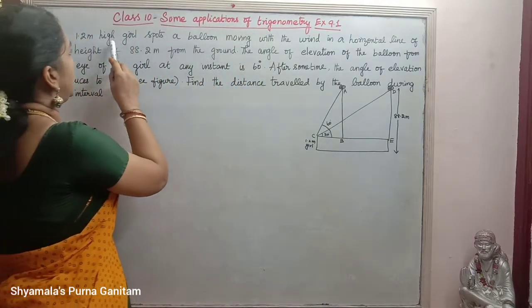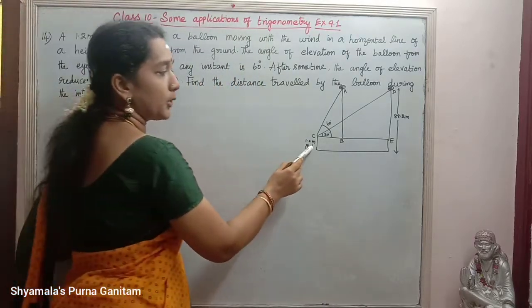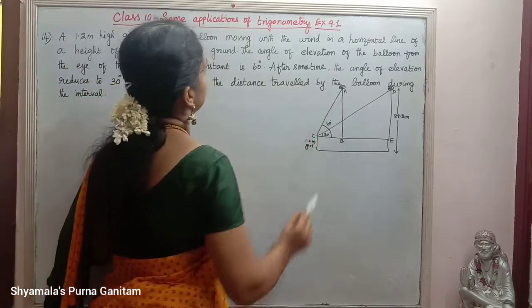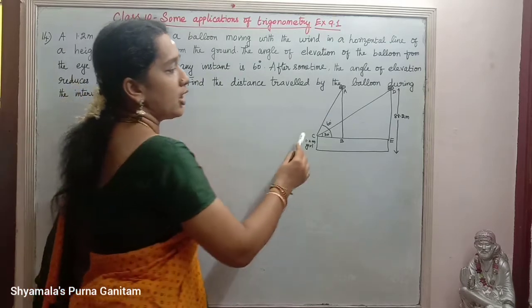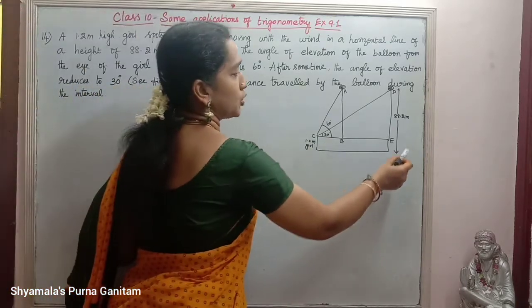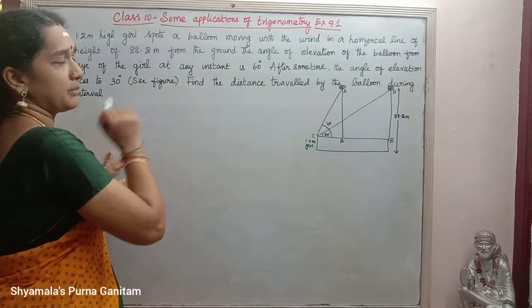A 1.2 meter high girl spots a balloon moving with the wind in a horizontal line at a height of 88.2 meter from the ground.